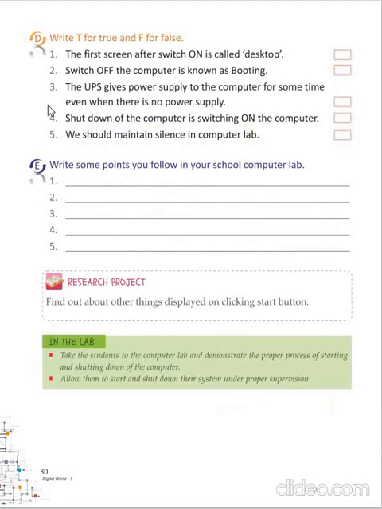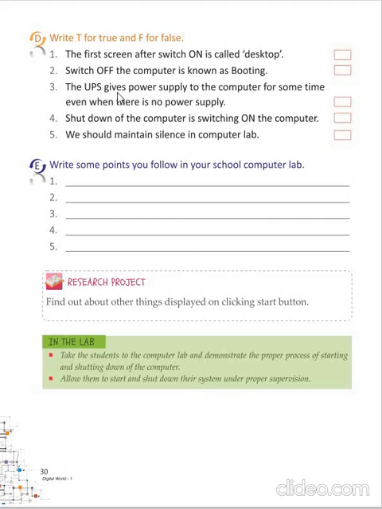Now come to T. Here you have to write T for true and F for false. The first screen after switch on is called desktop. True. Switch off the computer is known as booting. False.